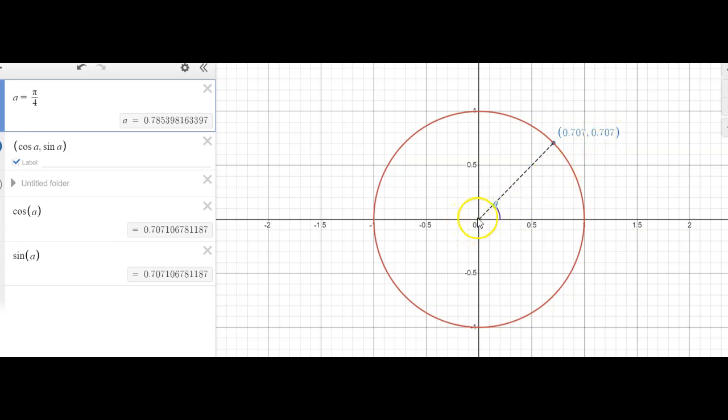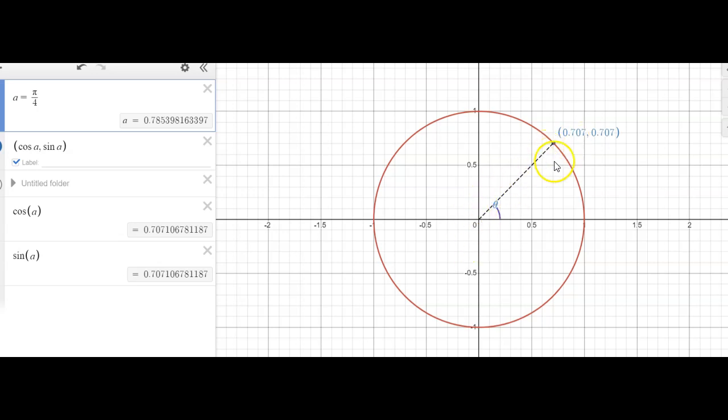So this y-coordinate minus 0 divided by this x-coordinate minus 0 is just this y-coordinate over this x-coordinate, the slope of this little line segment. So cosine is the x-coordinate, sine is the y-coordinate, and tangent is the slope of this line segment.